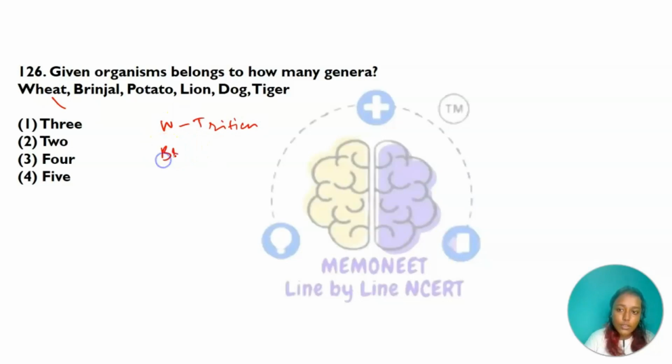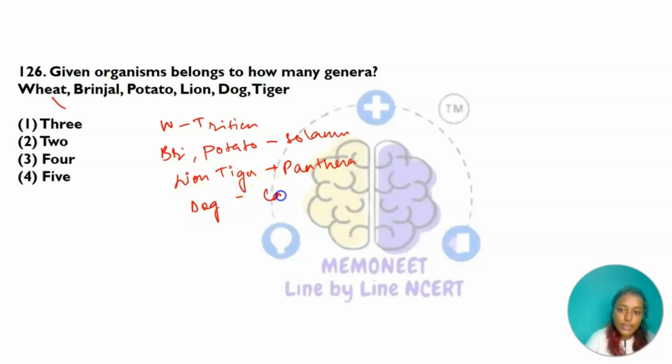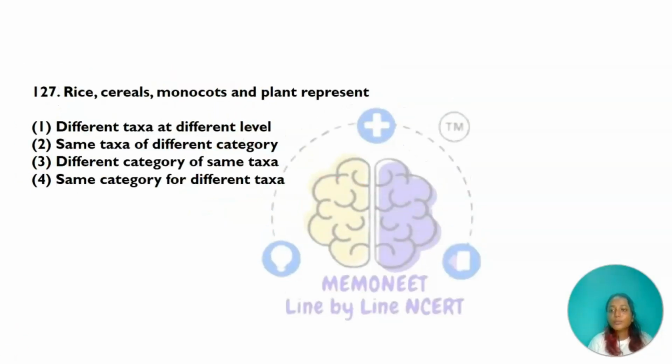Then brinjal and potato belong to Solanum. Lion and tiger belong to Panthera, and dog belongs to Canis. We should always underline these. So we have 1, 2, 3, and 4. We have 4 genera for the given organisms. So let's move on to the next one.